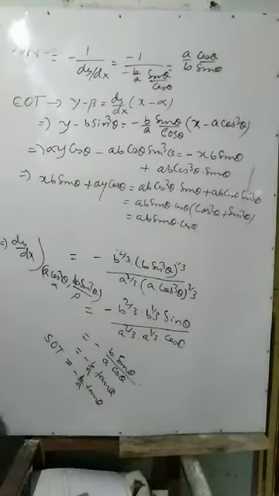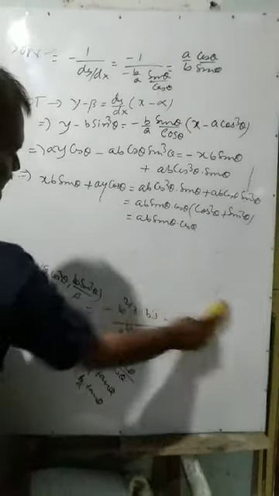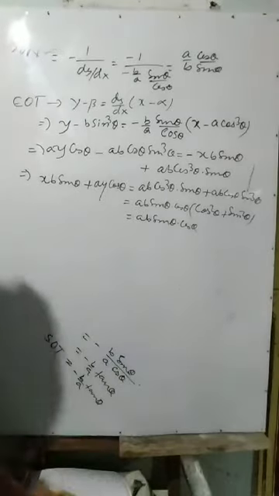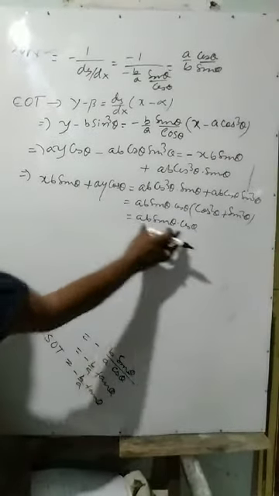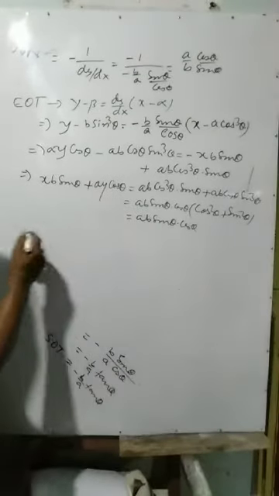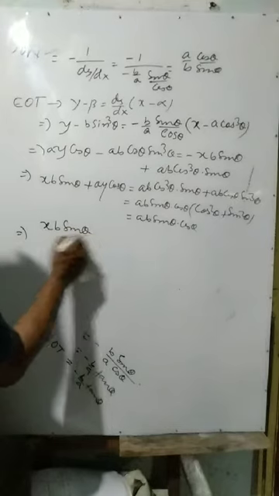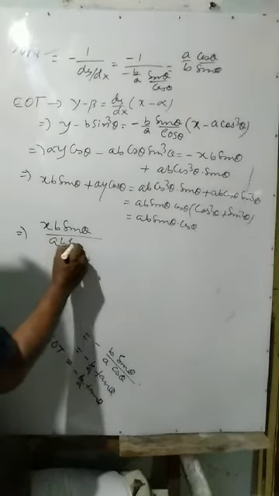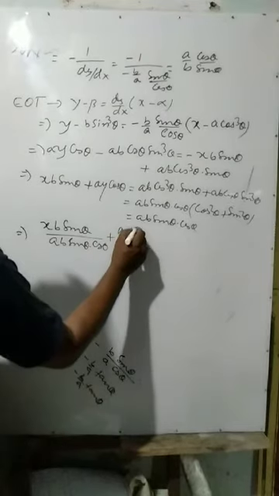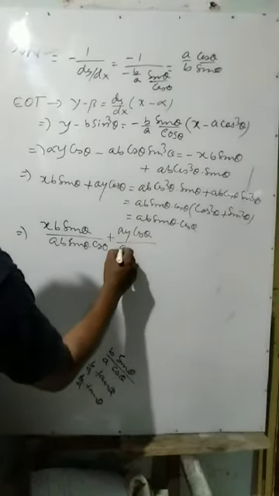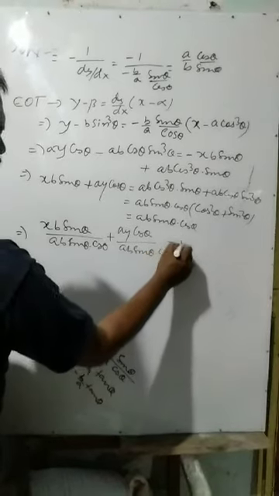Okay, so finally what value will you get? Divide this one with this and this. Then you get xb sin theta by ab sin theta cos theta plus ay cos theta divided by ab sin theta cos theta equal to 1.